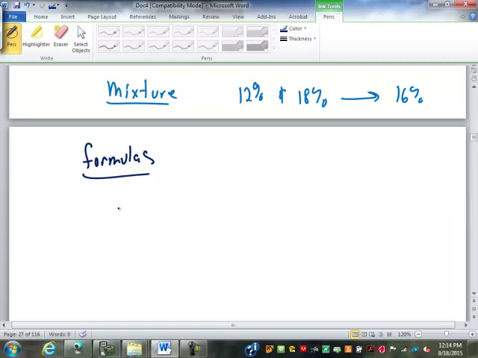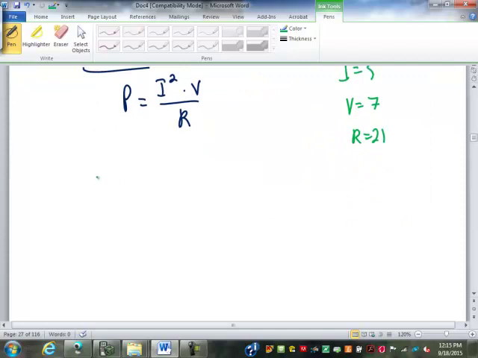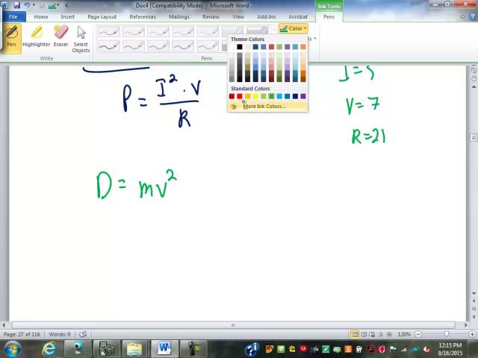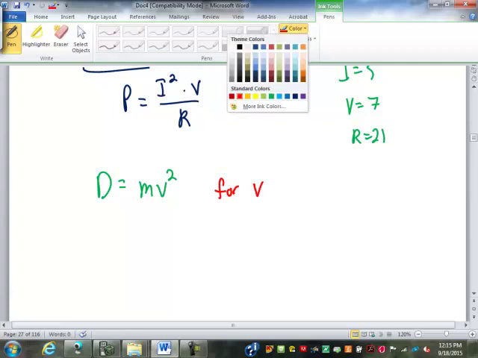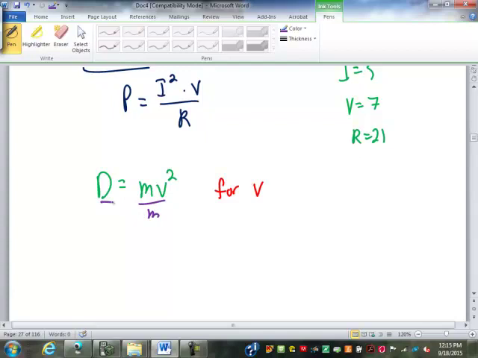If I give you a formula like P equals I squared times V over R, and I give you that I equals 3, V equals 7, and R equals 21, find P, that you can solve to find P. Or I might give you a formula like D equals mv squared and ask you to solve that for V. So to get V by itself, you'd have to divide by m.